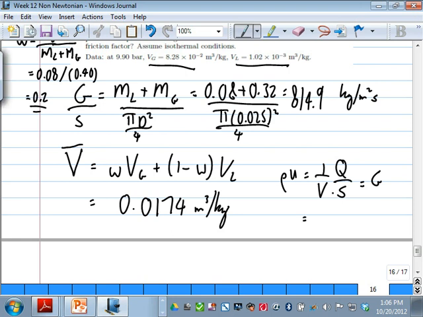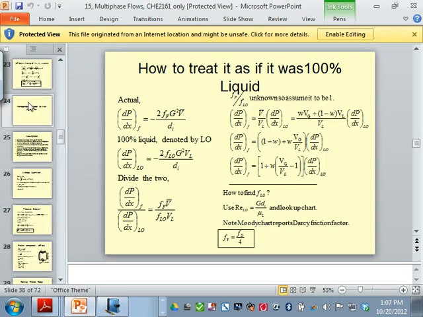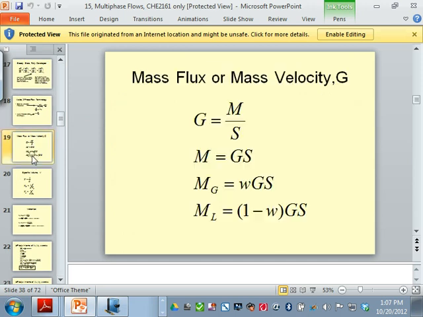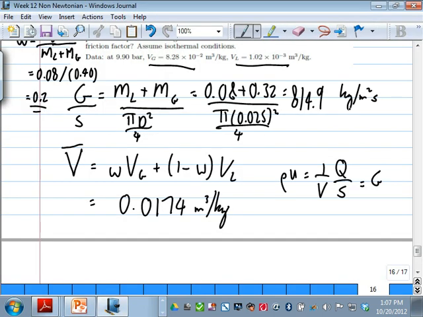This is equal to Q over V over S, the specific volume. G is M over S. Yeah, correct.